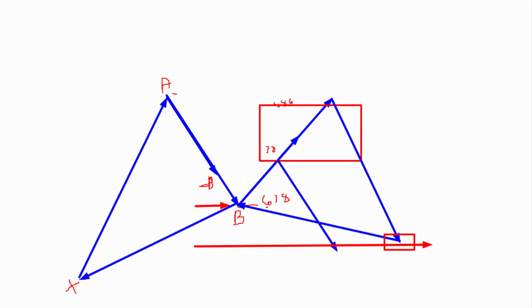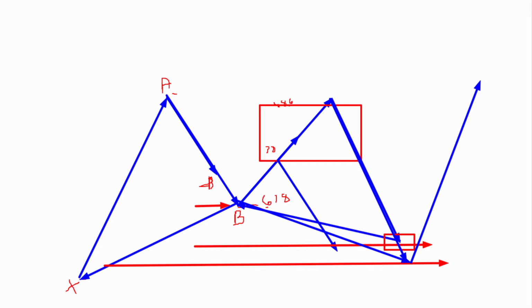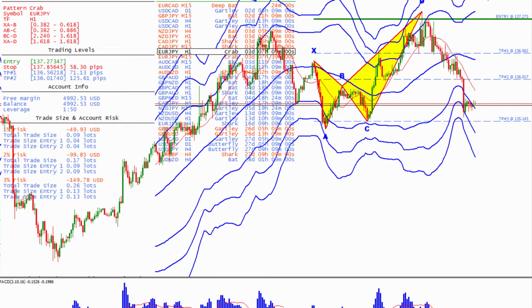And before, if you remember, we looked at the bat pattern. Remember that? We looked at the chart where it came down to a 786 zone. All right, remember that? We looked at that before. And the market went up, and I was showing you on this chart.